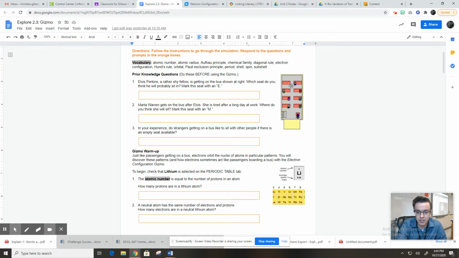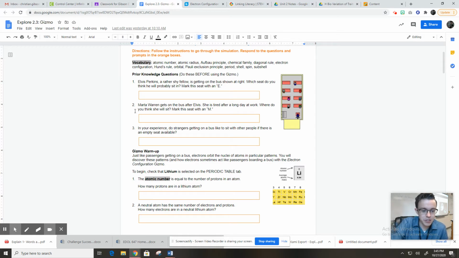And what's funny is electrons are like that too. They hate being around each other because they're negative, and like charges repel. Remember, they actually push away from each other. So remember, when we're filling those boxes, you're going to have 1 electron in each box before you go back and double and make them sit next to each other.